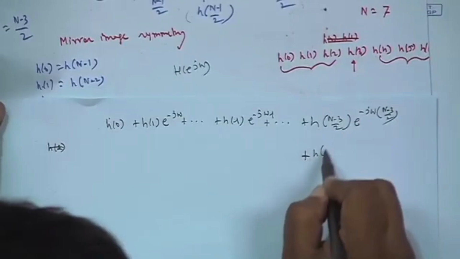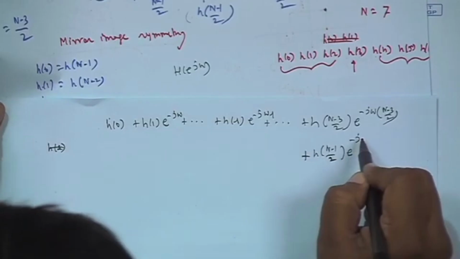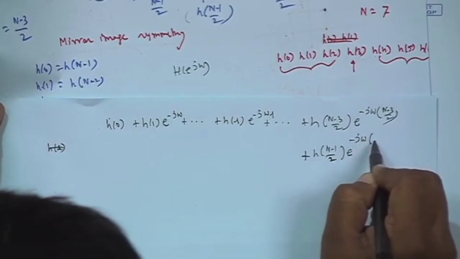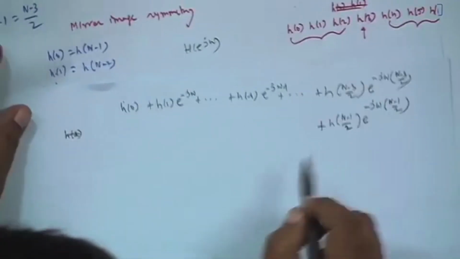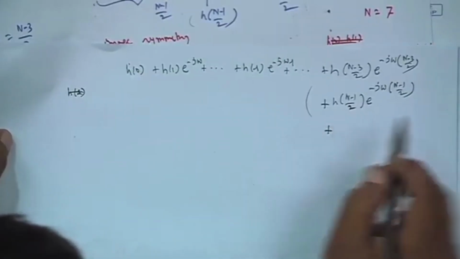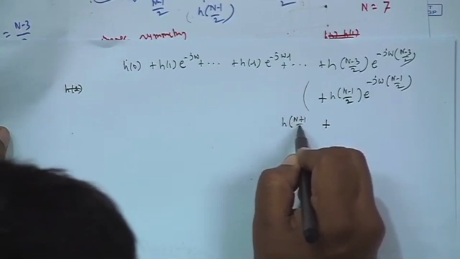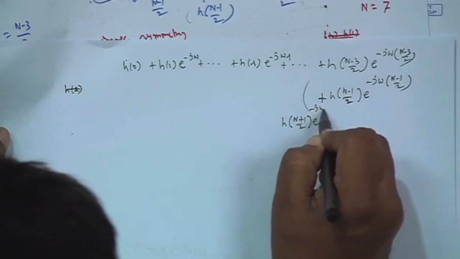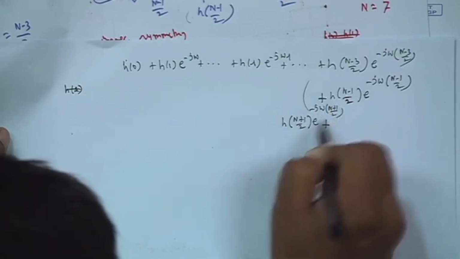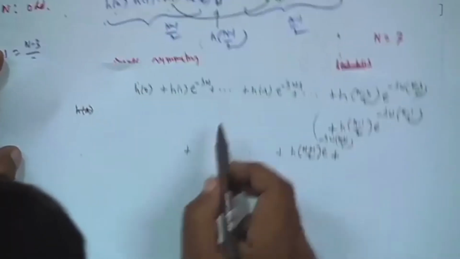Then you have this middle fellow, and then you have the counterpart of this, which are the same, that is, h of n plus 1 by 2, e to the power minus j omega, plus dot dot dot, the counterpart of this: it was h r, it was h n minus 1 minus r.